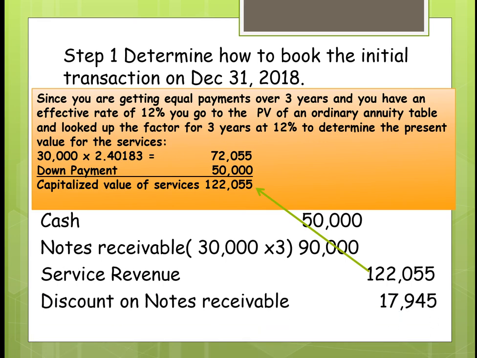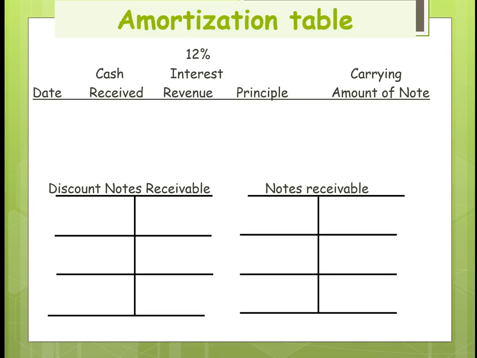And our discount on note receivable is going to be 17,945. We're going to go through the same thing. We're going to amortize it each year using the effective rate, which is going to mean that you're going to change the amount of the interest revenue every year. And we always use the net book value to determine interest revenue.